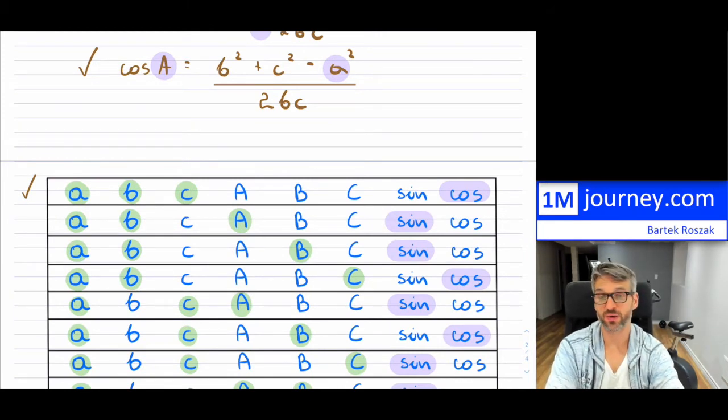So what I've done here is I've highlighted the pieces of information that you know. Basically we have 6 pieces: 3 sides and 3 angles. If you're given 3 of them out of the 6, there are actually 20 different ways that you can give 3 pieces of information. It's kind of a 6 choose 3 problem.